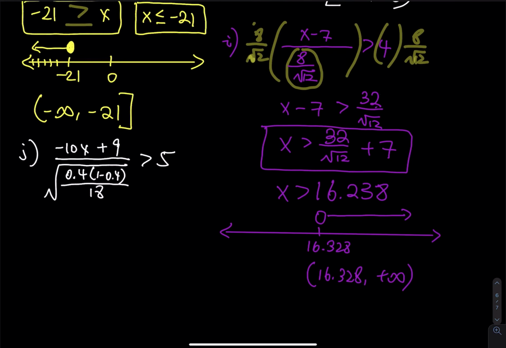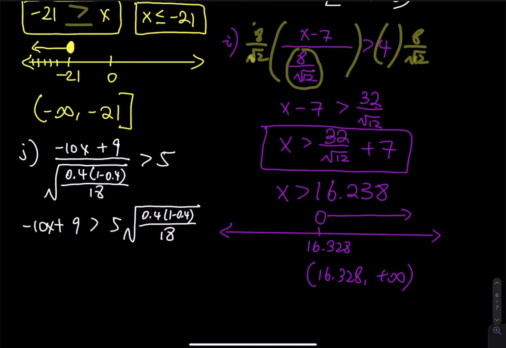So negative 10x plus 9 greater than 5 times the square root, and you have to approximate this in your calculator, divided by 18. So you take 5 and then you multiply on your graphing calculator, the square root, you press the second and then you press the x squared key. And then you have 0.4 times 1 minus that, or 0.4 times 0.6, and then divided by 18.